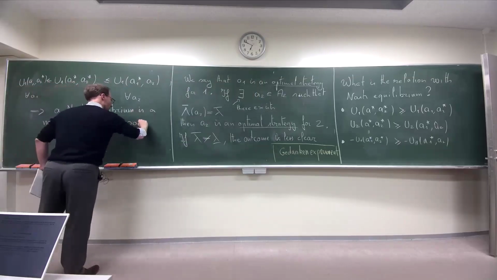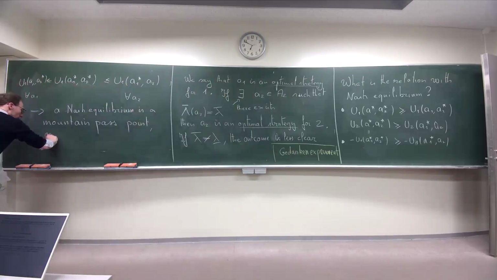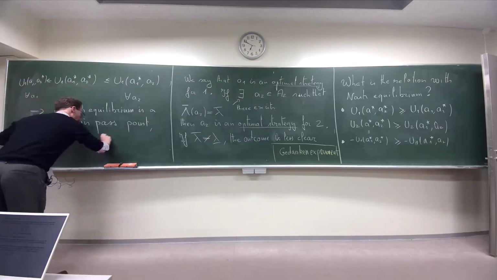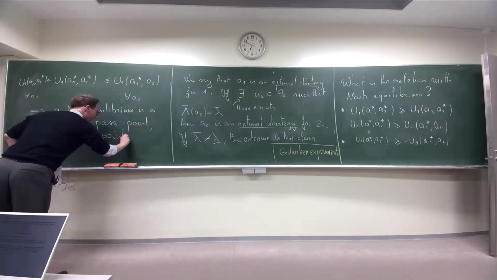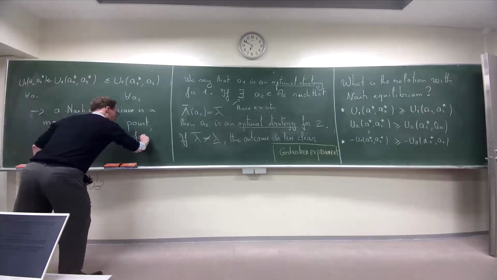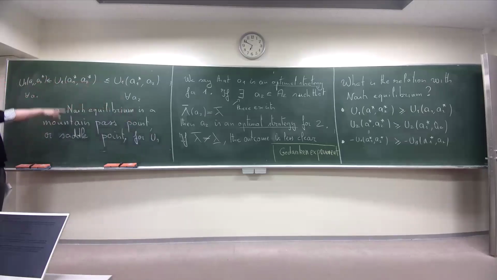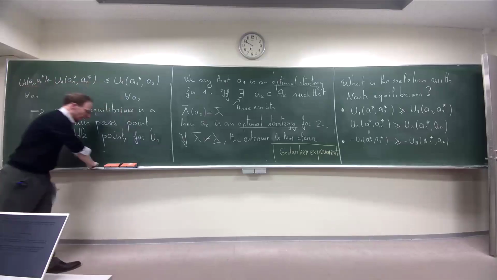It's also called a saddle point. This is another name for this. If you don't have a picture in mind, just Google this or look at Wikipedia, you can find pictures for U1. So a Nash equilibrium is such a point.